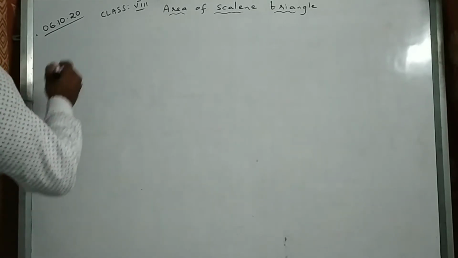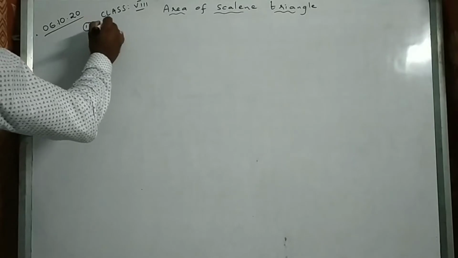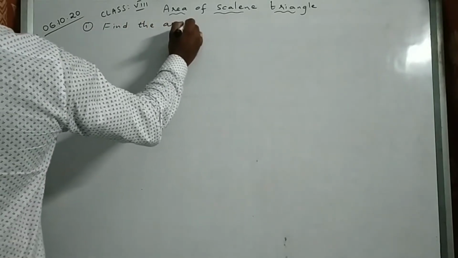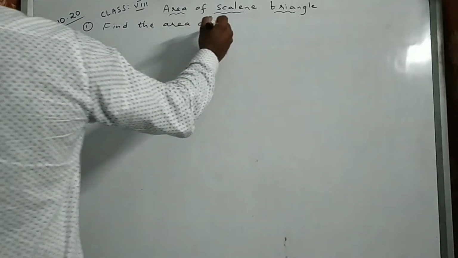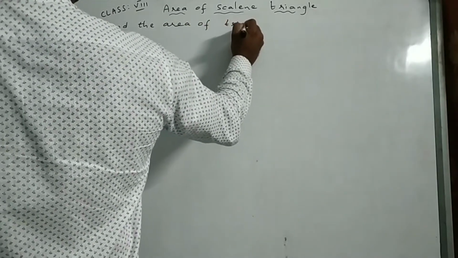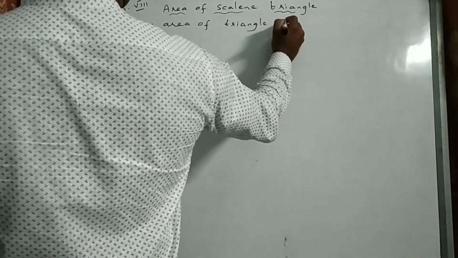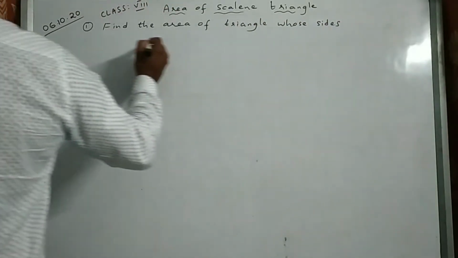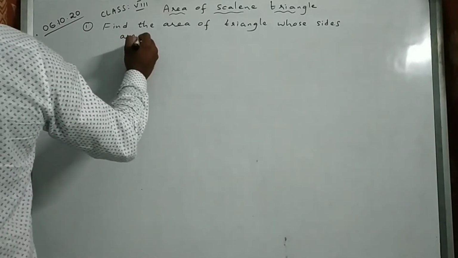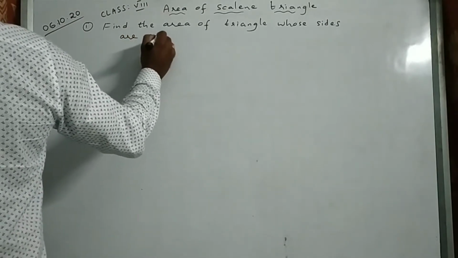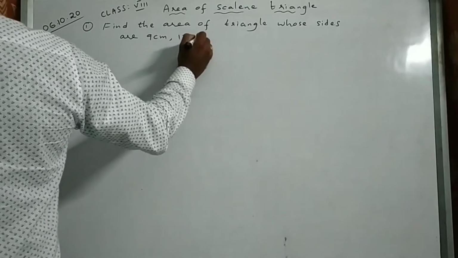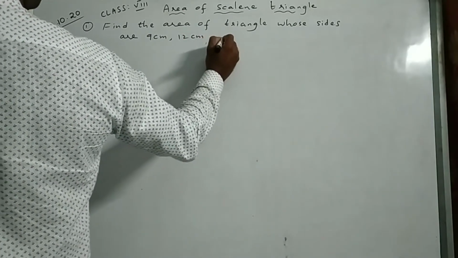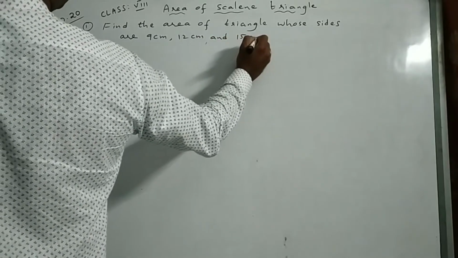Find the area of triangle whose sides are 9 cm, 12 cm and 15 cm.